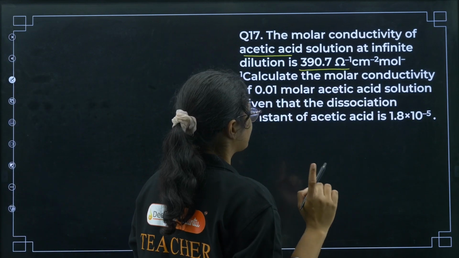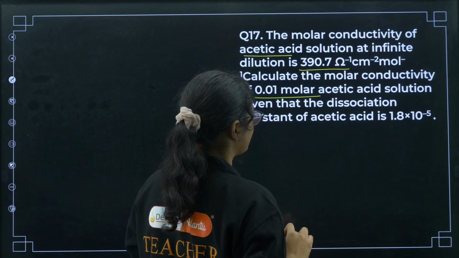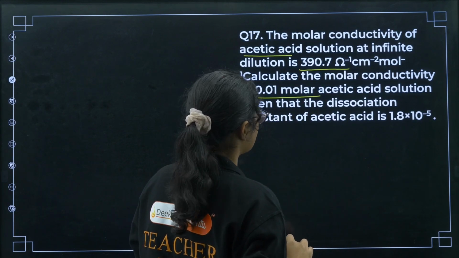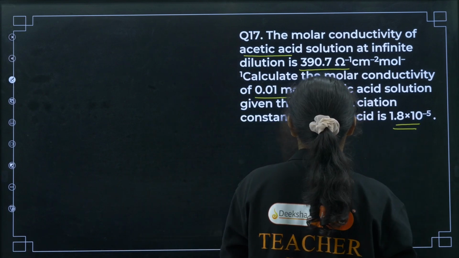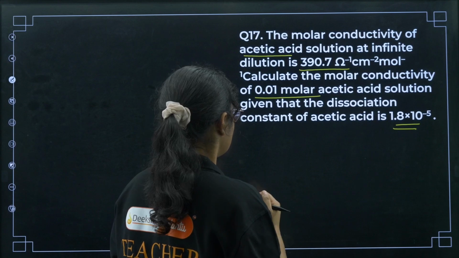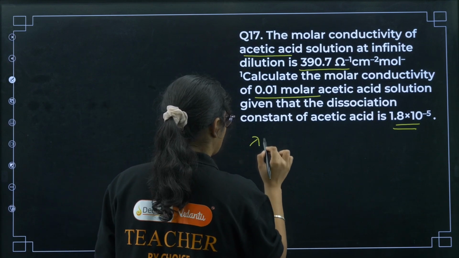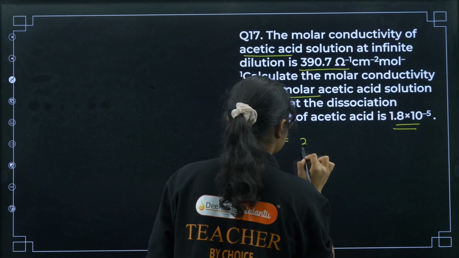Next, coming to the next question: the molar conductivity of acetic acid solution at infinite dilution is given to you. Calculate the molar conductivity of 0.01 molar acetic acid solution, given that the dissociation constant of acetic acid is this much. So we have been given lambda naught m. What is that value? 390.7.